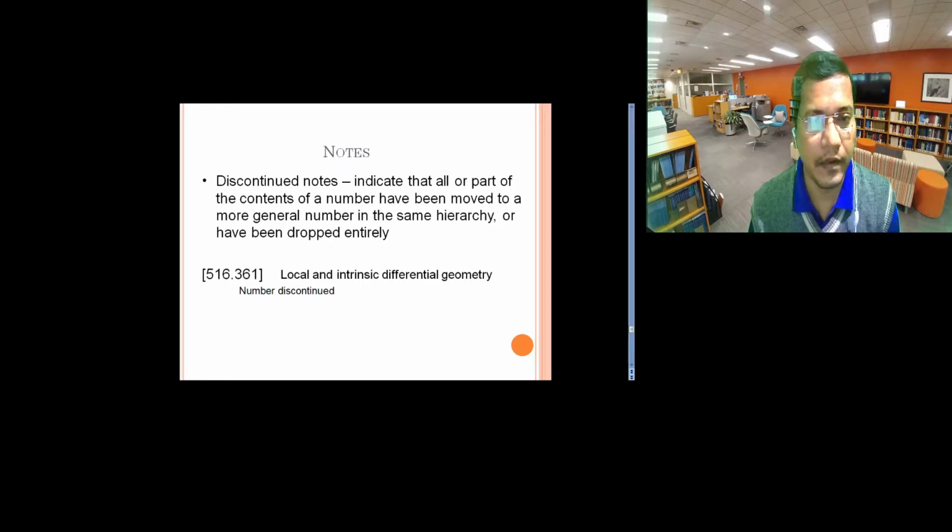So such a provision is there, and that's why the DDC also provides discontinued notes, within square brackets. For example, [516.361] Local and intrinsic differential geometry, number discontinued. That means in the present edition, 516.361 is not used for local and intrinsic differential geometry. It is discontinued for that particular edition.